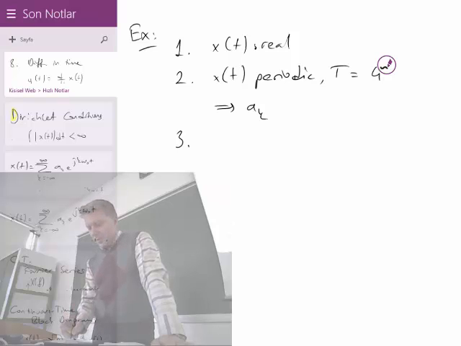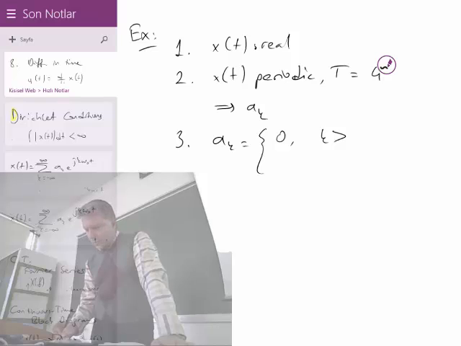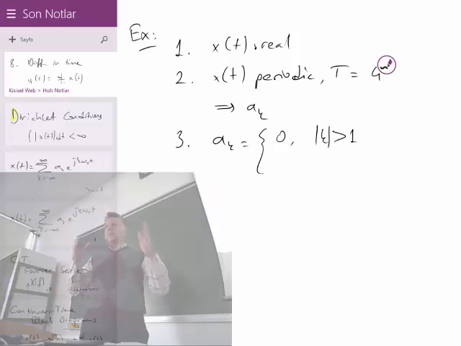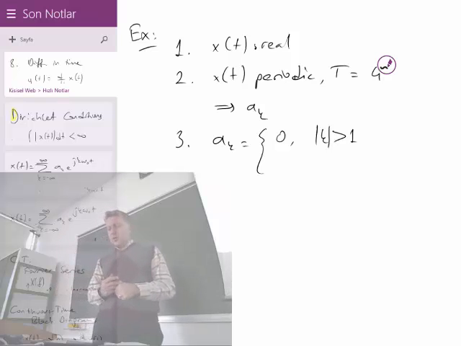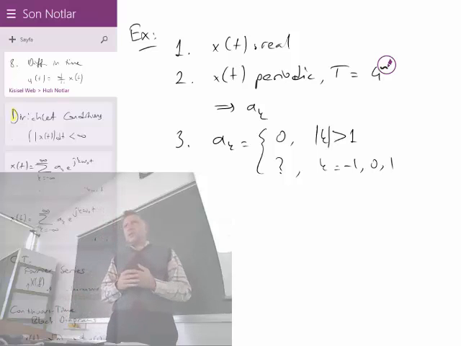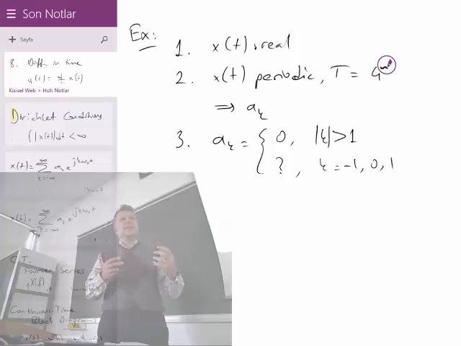In other words, for k greater than 1 or less than minus 1, in other words where the magnitude of k is greater than 1, a_k is equal to 0, but we don't know what it is for k equal to minus 1, 0, and 1. Therefore, it has only 3 harmonics. One of them is the DC, the other two are the harmonics.